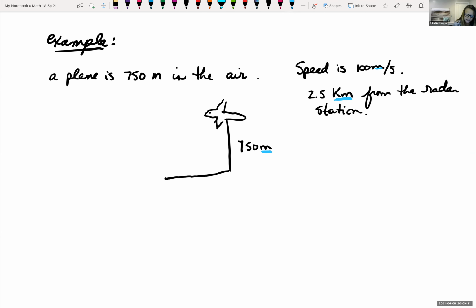So 1,000 times 2.5 would change this to 2,500 meters away from this radar station. And that plane is coming closer and closer, and we can right now make this right triangle.